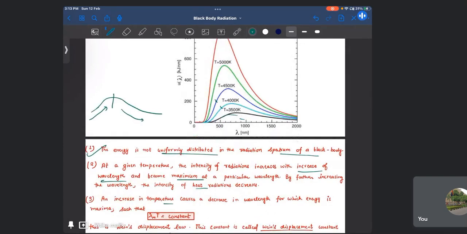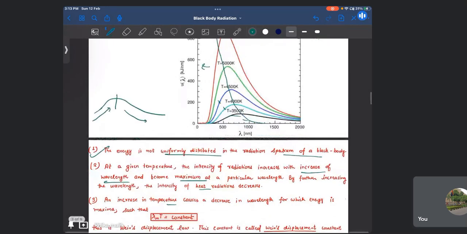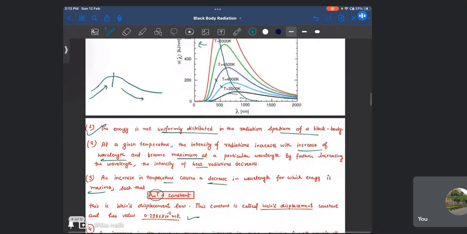An increase in temperature causes a decrease in wavelength. So if we keep on increasing the temperature, the maximum wavelength moves towards the lower wavelength region. And what they found is that lambda_m times T is constant, and this is known as Wien's displacement law, with the constant given by the Wien displacement constant.